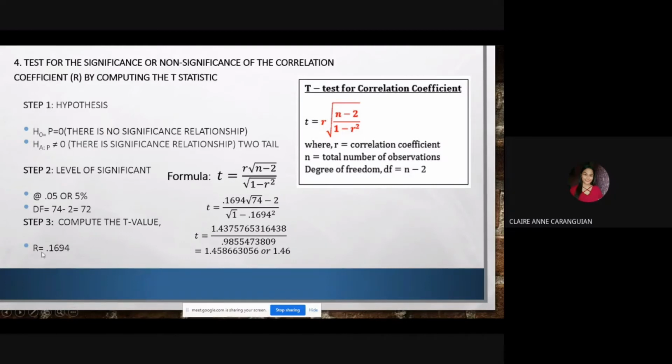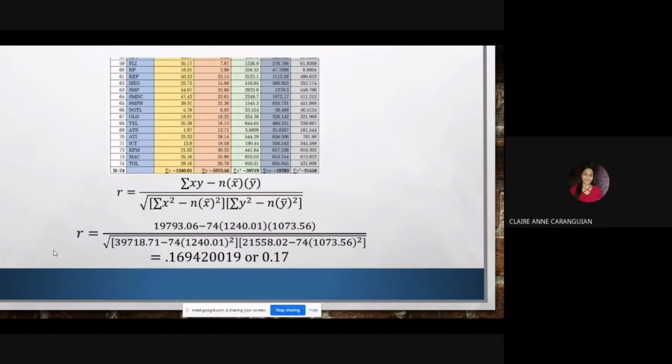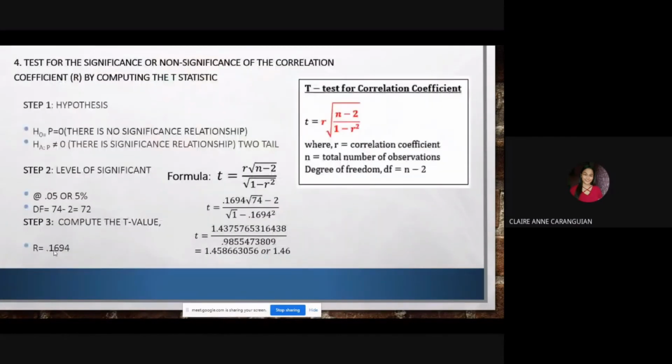So, magsa-substitute na tayo. Yung r natin is 0.1694. Ito yung nakuha natin sa taas. And yung square root of 74 minus 2 over square root of 1 minus r squared, so substitution na lang. Ito na yung sagot: 1.458663058 or 1.46.